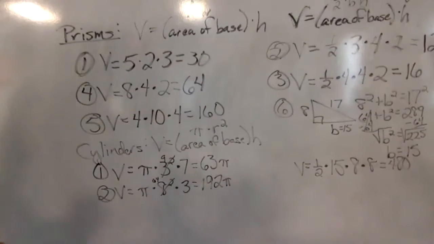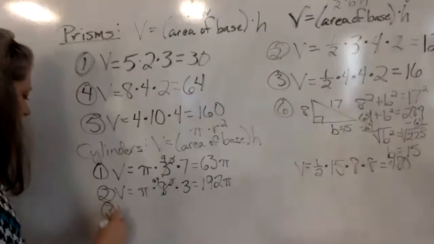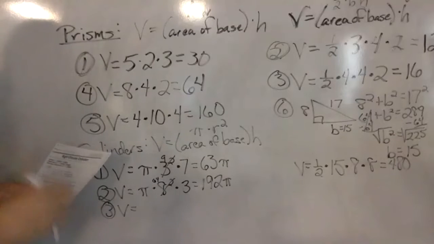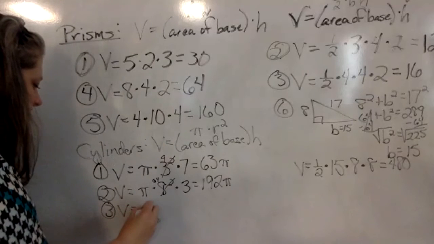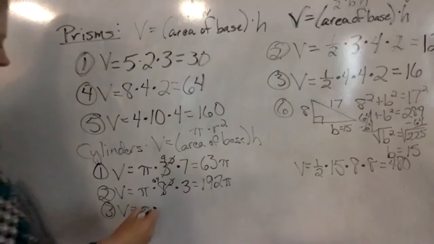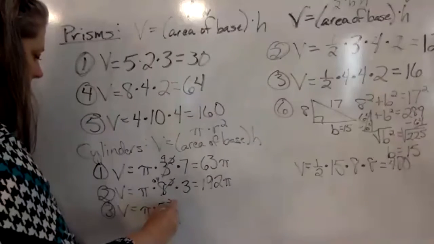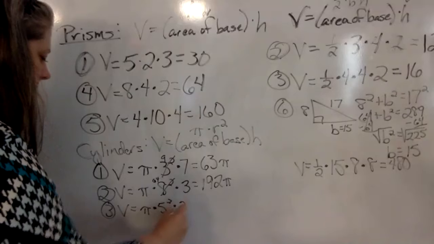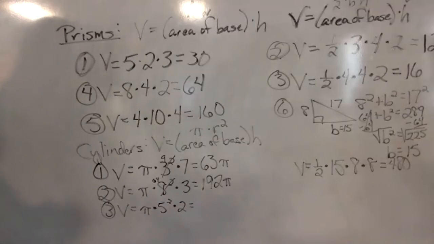Number 3 for volume. Pi times what's my radius of this cylinder? 5. 5 squared times the height, which is 2. So 5 squared is 25.